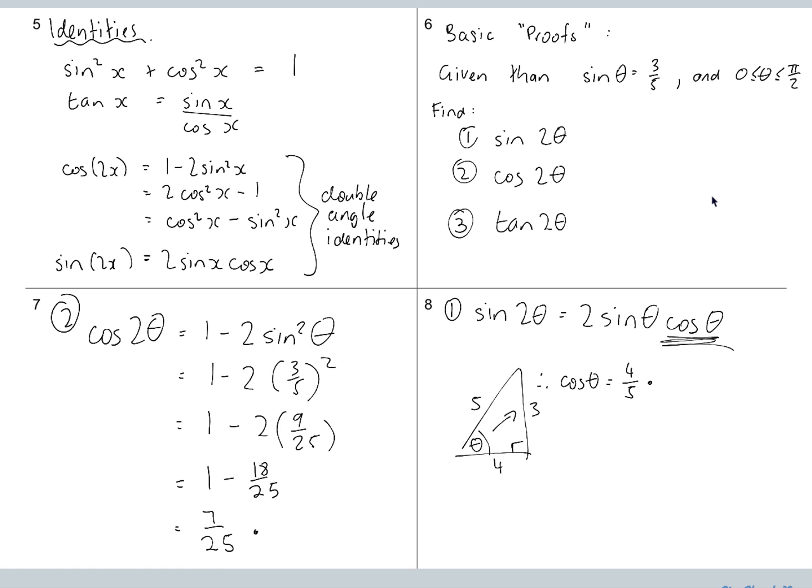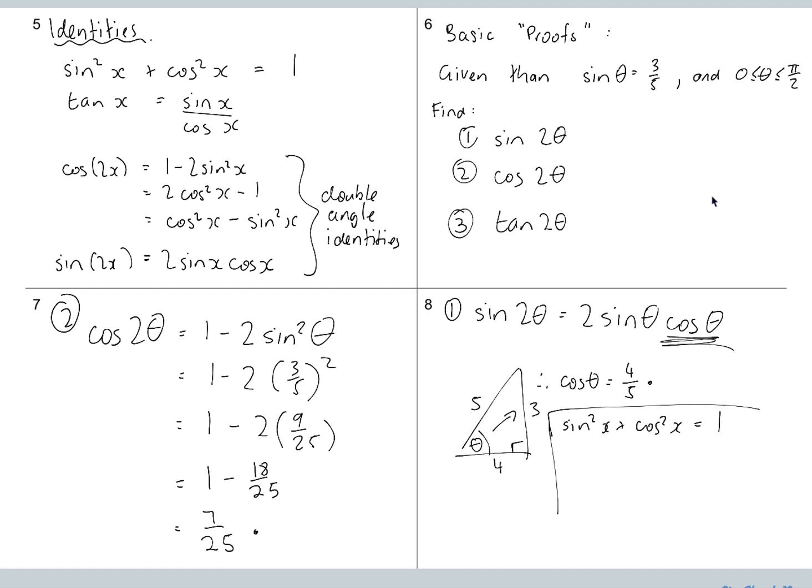Way number 2 requires less thinking, a bit more calculation work, but you'll get there in the end. If you have a look at the top Pythagorean identity, the top trig identity in slide 5, you will see that sine squared x plus cos squared x is equal to 1. This is good news for us because we know what sine x is and we know what 1 is, so that leaves us with just one unknown.